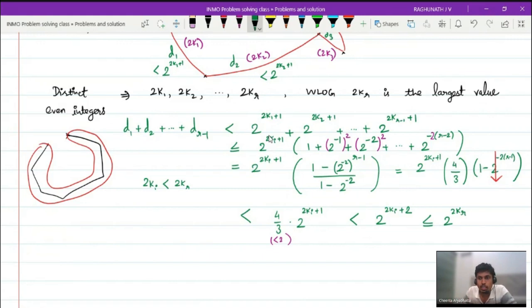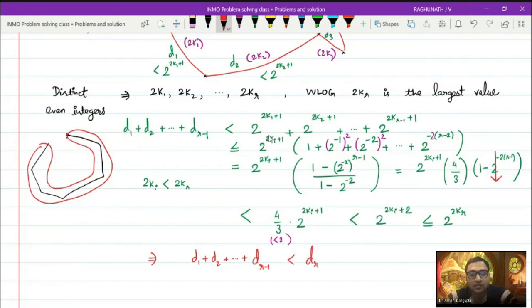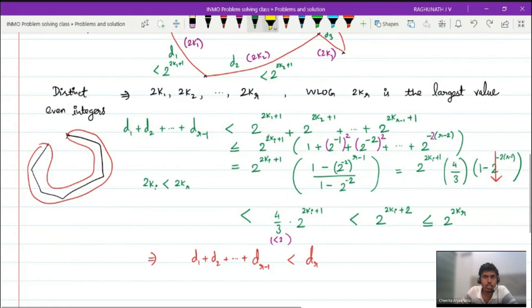So this is less than or equal to 2 power 2kr. And what do we observe from here? d1 plus d2 till dr minus 1 is strictly less than dr, right? Which is a contradiction for the extended triangular inequality.